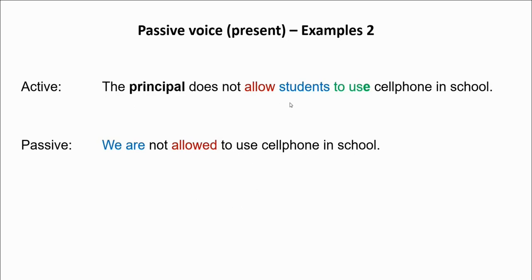And we take the object of allow, which is the students, and we take this and make it the subject of the verb be. So we have now we, which is the first person plural subject of the verb be. This is the present.